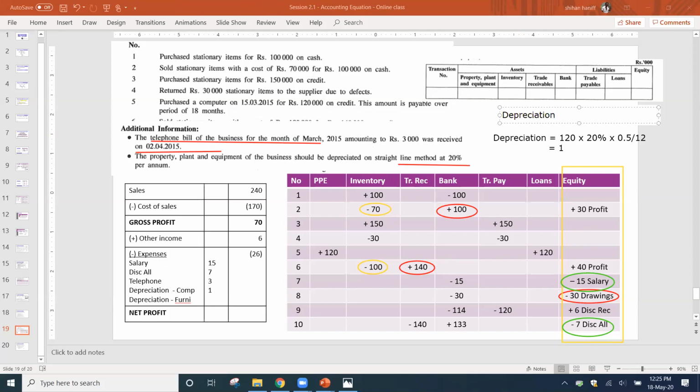Depreciation, furniture, 60,000 into 20% into 1 month.